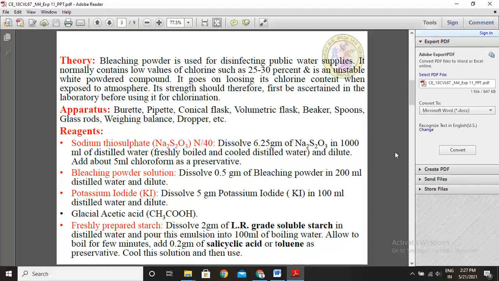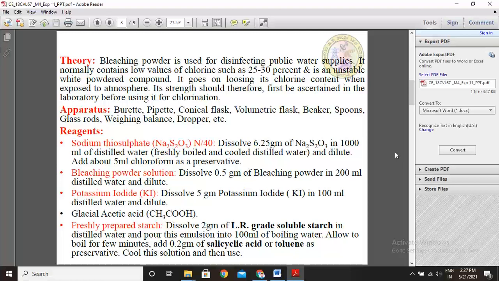Dissolve 6.25 gram of sodium thiosulfate in 1000 ml of double distilled water, that is freshly boiled and cooled distilled water, and dilute. Add about 5 ml chloroform as a preservative. So these are the steps to prepare sodium thiosulfate reagent of normality N/40.